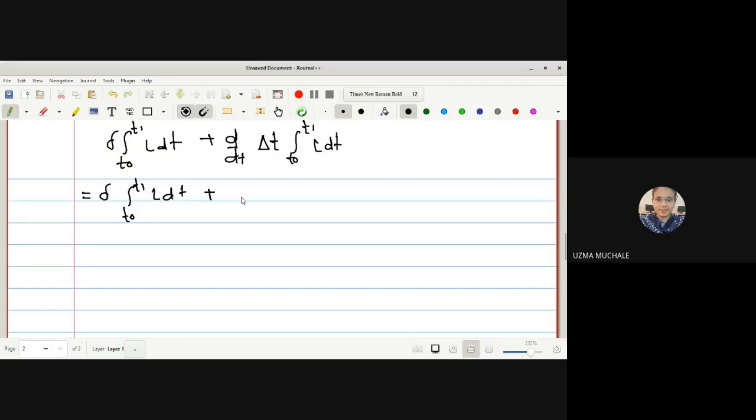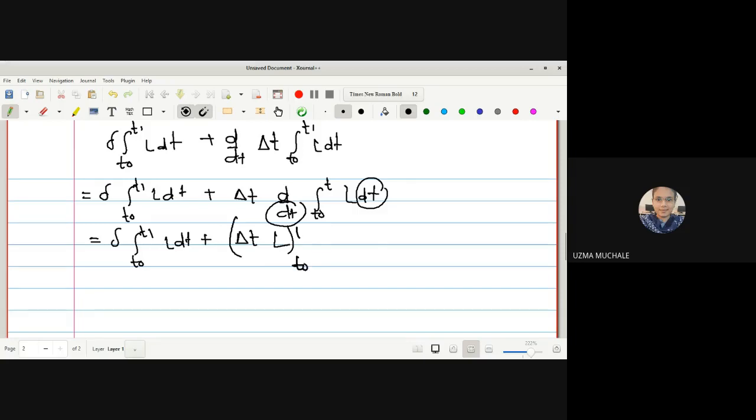Now, if I keep dt outside, this is d by dt of integration t naught to t1 L dt, which is equal to delta variation t naught to t1 L dt plus delta t. Right, here integration is with respect to t and derivative is also with respect to t. Both are with respect to t, both get cancelled, and hence we can write it simply as L, within the limits t naught to t1.